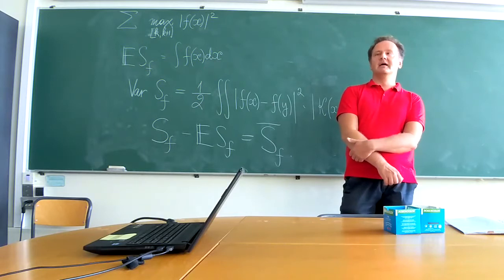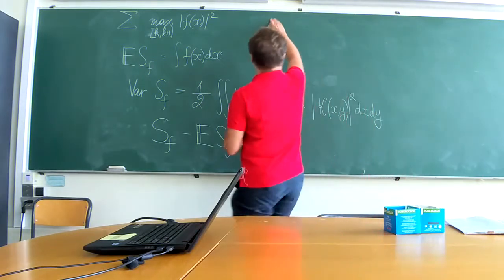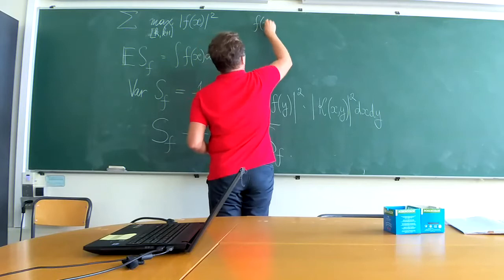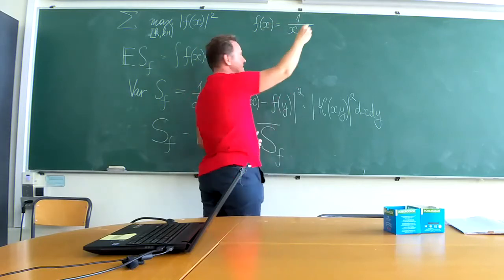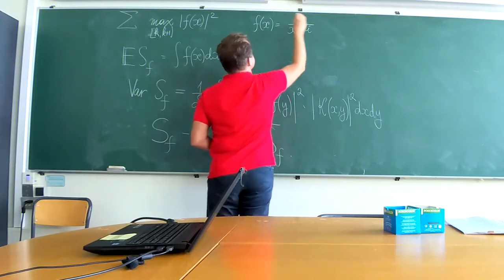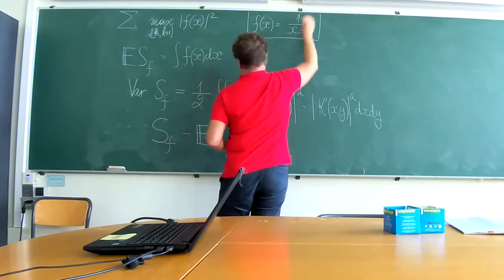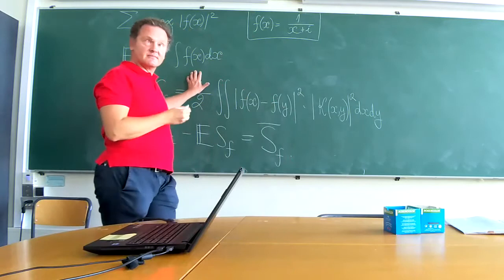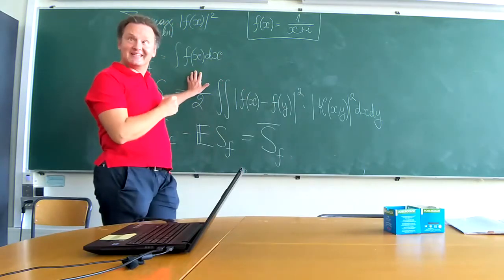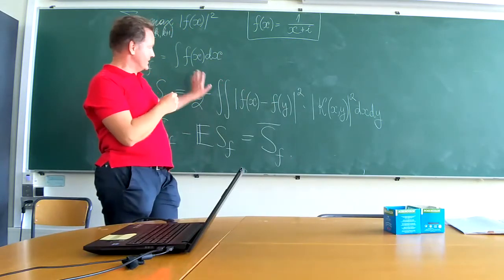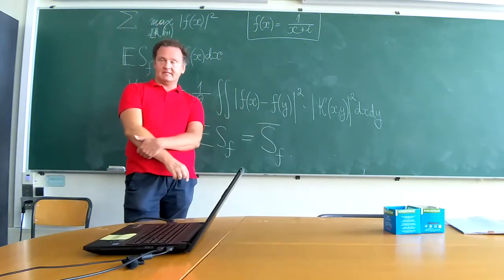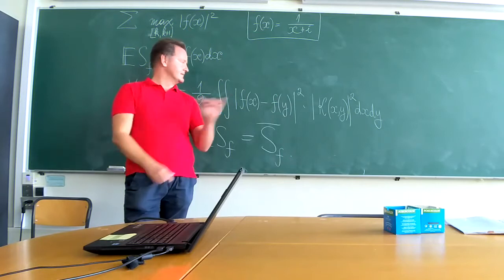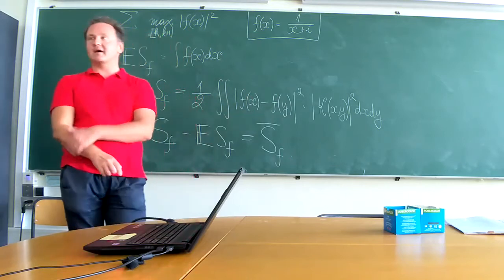So, for example, taking f equal to 1 over x. 1 over x is not great for me because we have a singularity at 0. Let's say 1 over x plus i. Taking a function like this, the integral diverges. But this is exactly the function that we need. Yet the variance integral converges very much. It is essentially the Sobolev 1/2 norm.